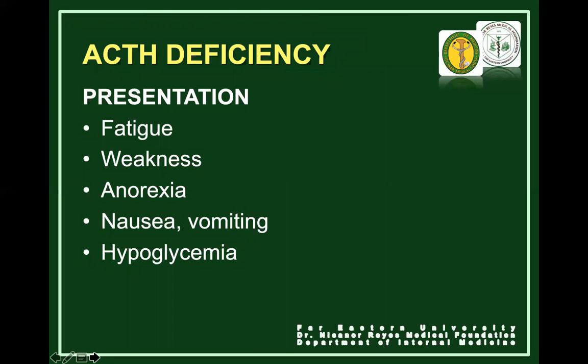There can just be fatigue, weakness, anorexia, nausea, vomiting, and hypoglycemia, which can happen in medical students taking their plating, right? But though this is non-specific, you have to take into consideration if these are present, is there any other explanation? Because if there's no explanation, then I have to investigate further.